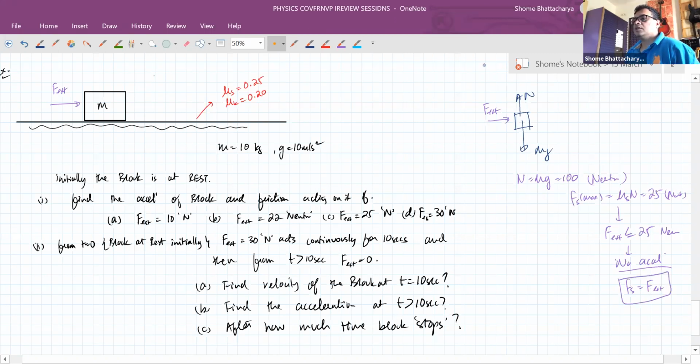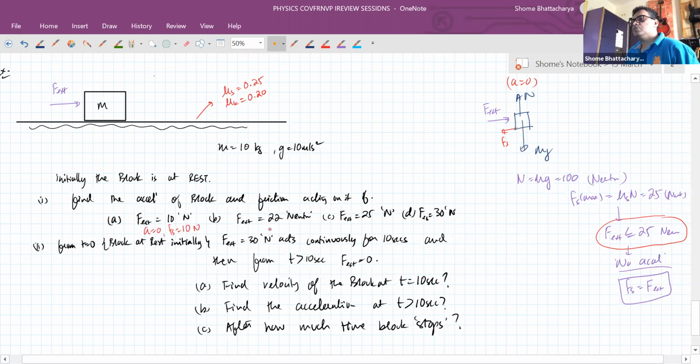Okay. This is what will happen up to an external force of 25 newtons. Yes, so that's correct. In this A part, my acceleration will be 0, and static friction will be 10 newtons.